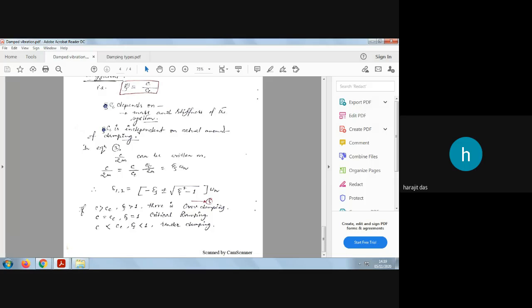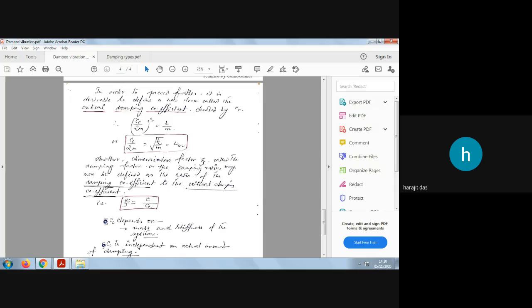What is c by cc? We have defined c by cc as zeta, the damping factor or damping ratio. In exams it is asked what the damping factor or damping ratio is: it is the ratio of the damping coefficient to the critical damping coefficient.